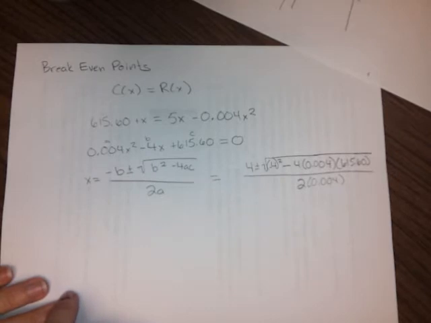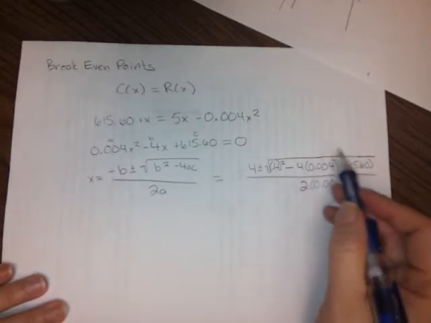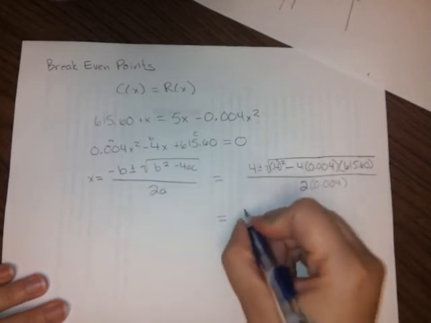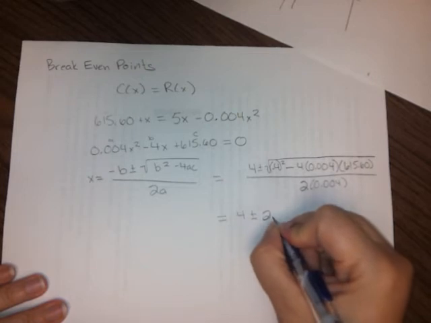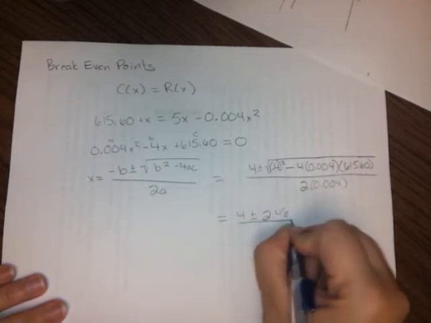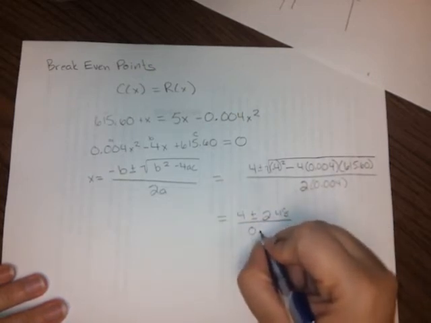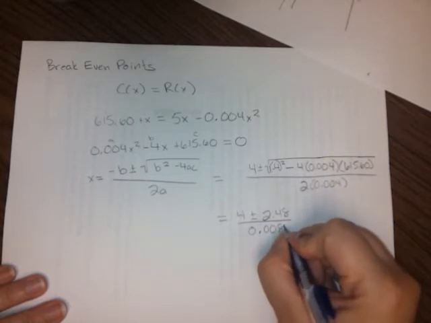So I just used these numbers to fill in my quadratic formula. And if you simplify it, you can kind of do it in bits and pieces if you want to. Maybe you take care of the square root here first. That's going to give you 4 plus or minus 2.48 over 0.008.